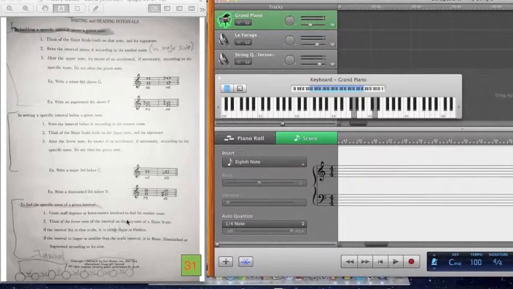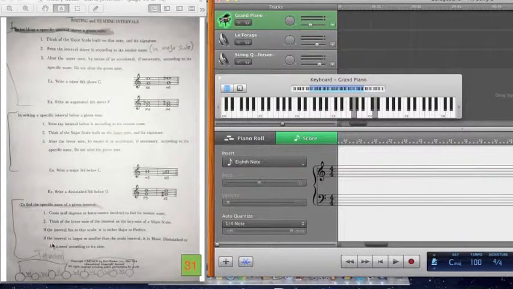Think of the lower note of the interval as the key note of the major scale. So diatonic, if the interval fits in the scale, it is either major or perfect, right? That's what we want to get it into, the diatonic notes. We already know it's a fifth away, so we know it's a fifth. And if this is the key of G, it fits into the scale, so it must be perfect because it's a fifth.